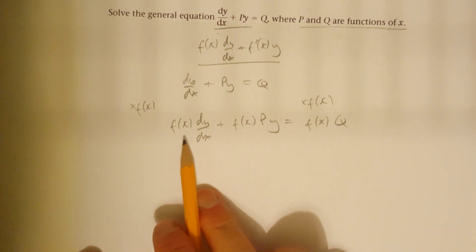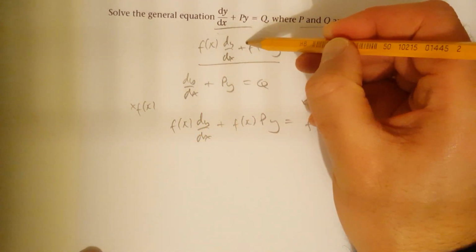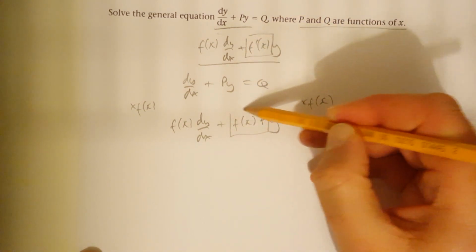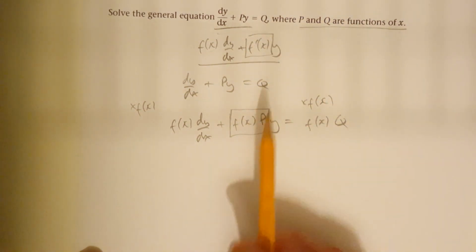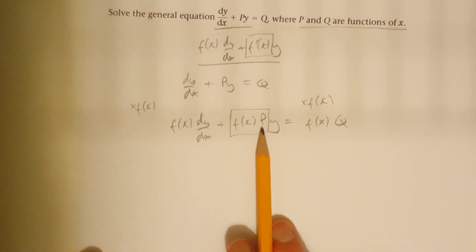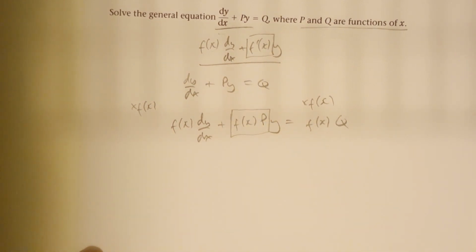Now, if I'm comparing this to this, the only way that is going to be true is if this bit here is equal to this bit here. So if f dashed of x is in fact the same as f of x times some function of x, then it's going to fit that same model. So I want to try and make that true.